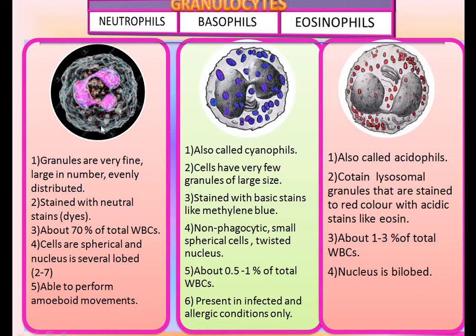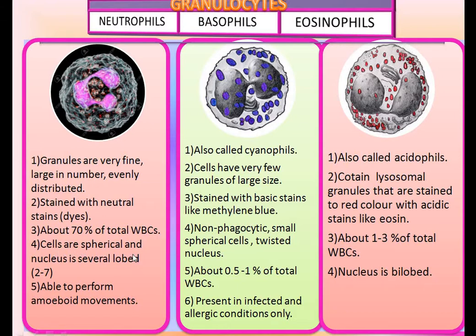Evenly means in equal numbers. These are stained with neutral dyes. About 70% of total WBCs are neutrophils.